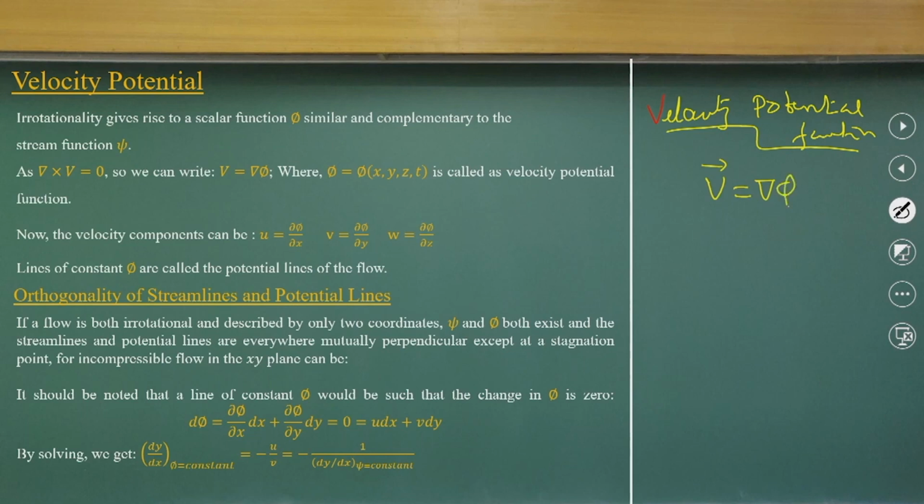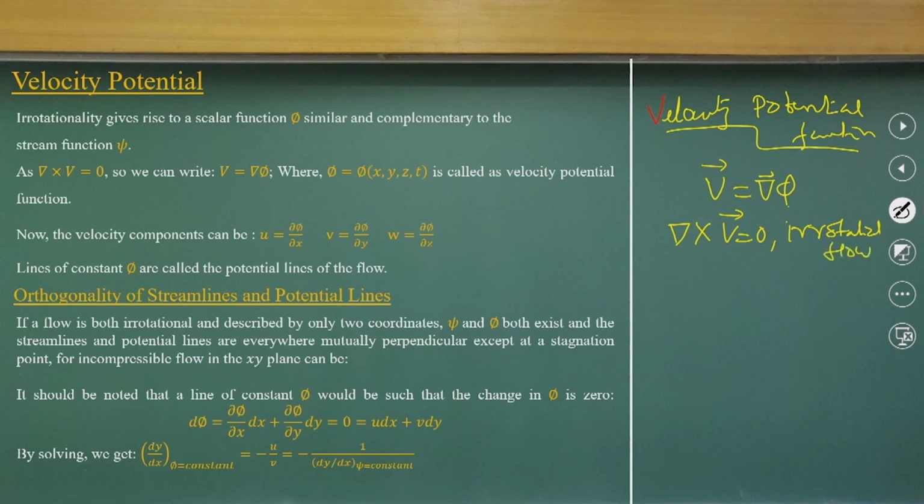please look at it as we derive it mathematically, and also we prove that under this condition, your del cross v, the curl of v, will be 0, that is the irrotational flow. Okay.